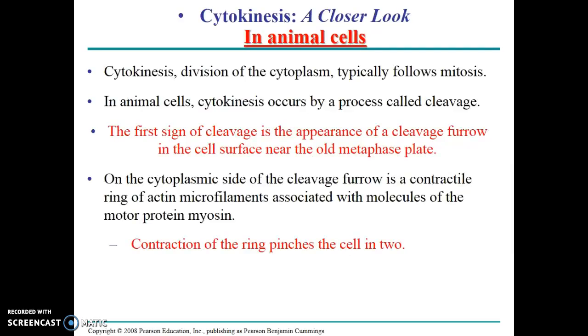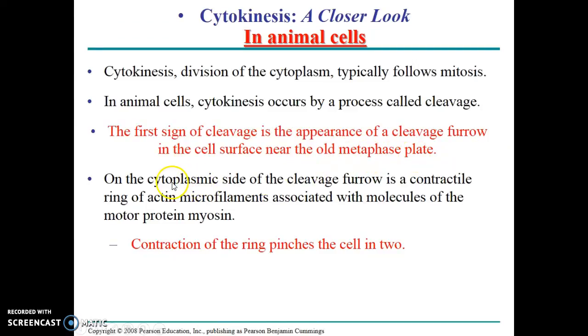So cytokinesis, a closer look. In animal cells, cytokinesis, the division of the cytoplasm, typically follows mitosis. It occurs by a process called cleavage. The first sign of cleavage is the appearance of a cleavage furrow in the cell surface near the old metaphase plate.